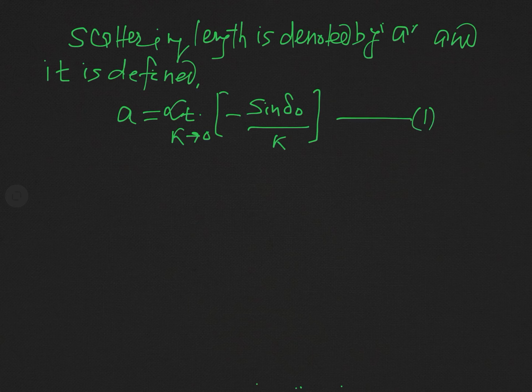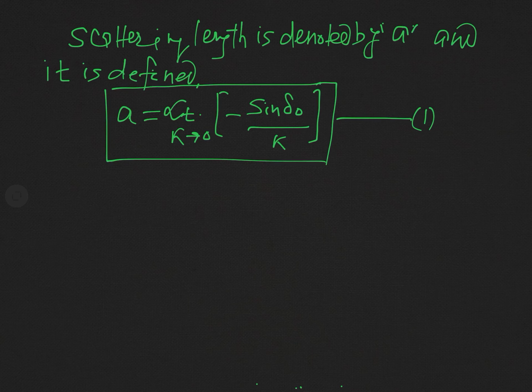This is the basic definition adopted by Fermi and Marshall. So remember this definition. This is just a definition. This equation has no proof. This length was defined in this way.